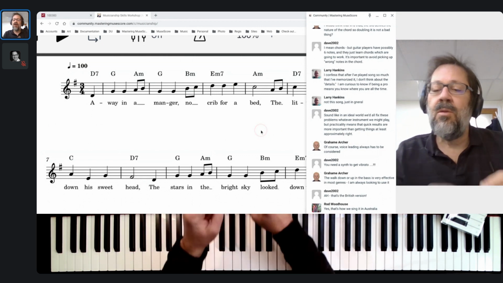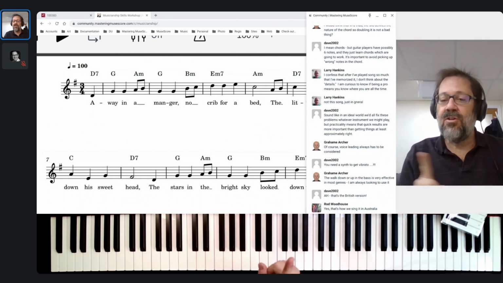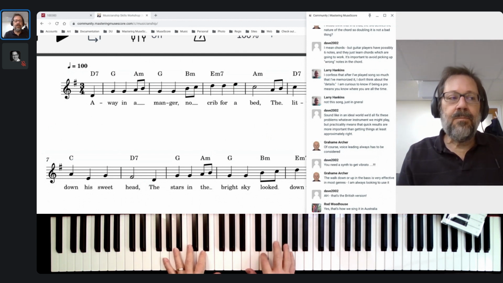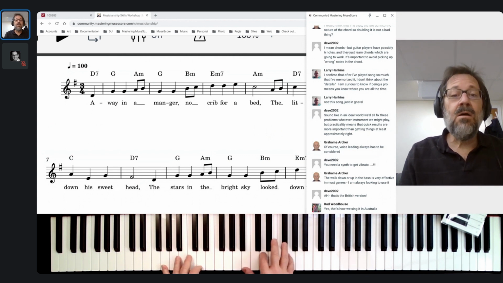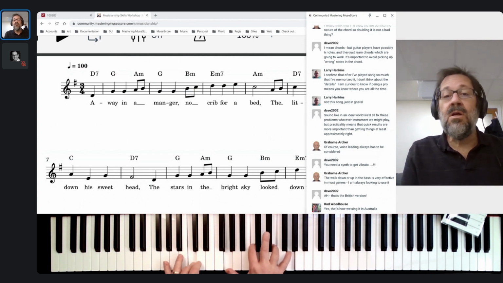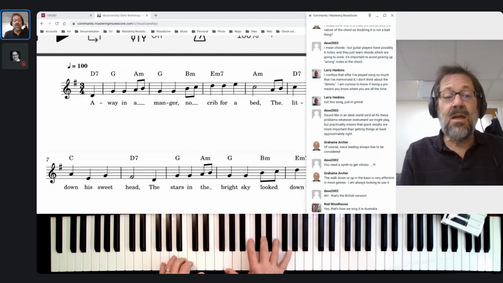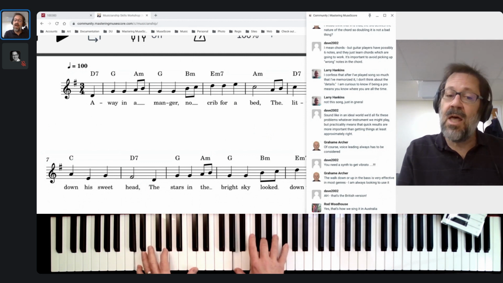So let me tell you, you call this the British version, because here's the one I think of as the British version. Away in a manger, no crib for a bed, the little Lord Jesus laid down his sweet head.